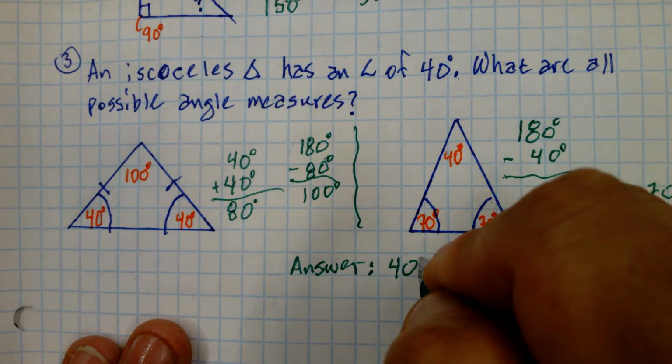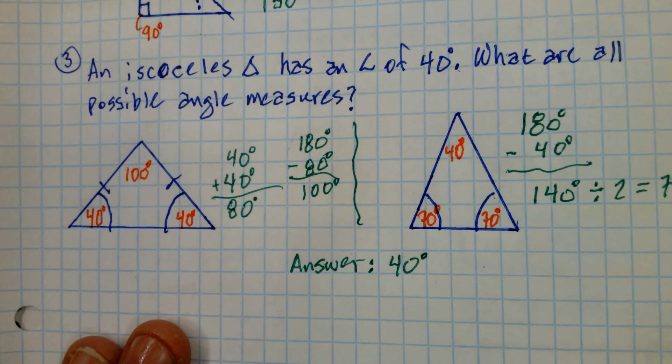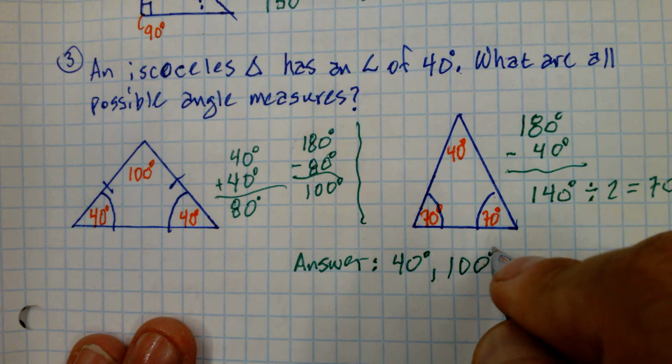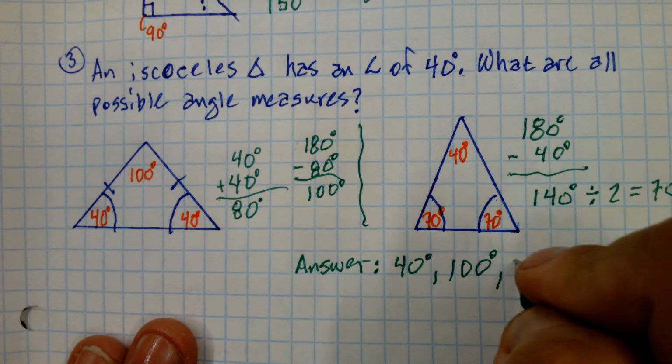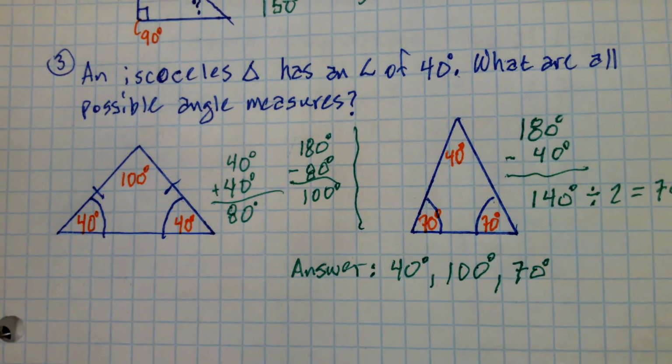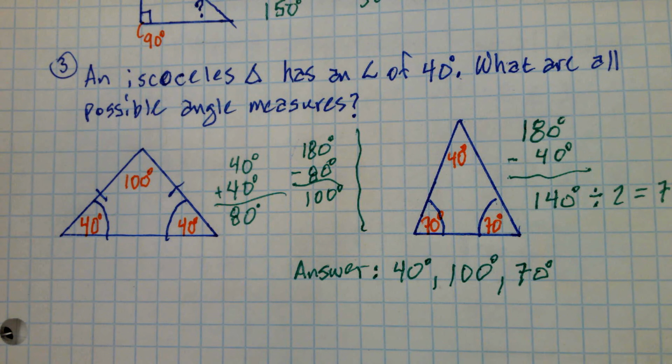What else? 100. And then 70. Okay. So these are all possible answers. Just find which unique answers we have. We have 40, we have 100, we have 70. So these are all the possible angles that would be answers for angle measurements on this.